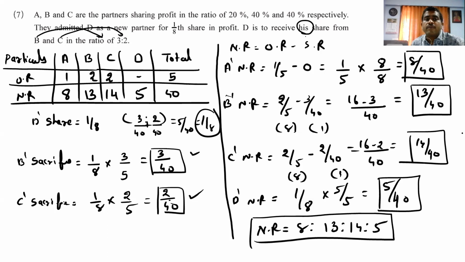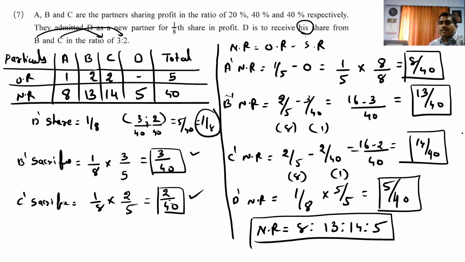So 3/40. C's share is 1/8 into 2/5, 2/40. Now the formula. What is the formula? New ratio is equal to old minus sacrifice. So A's new ratio is equal to A's old, 1/5, minus.